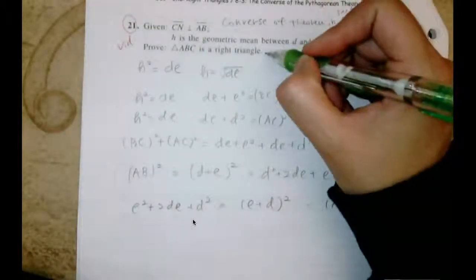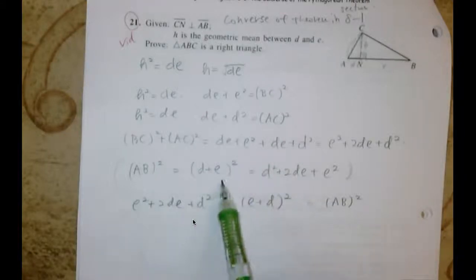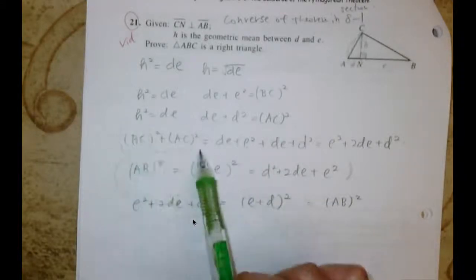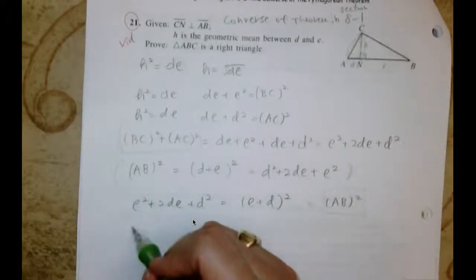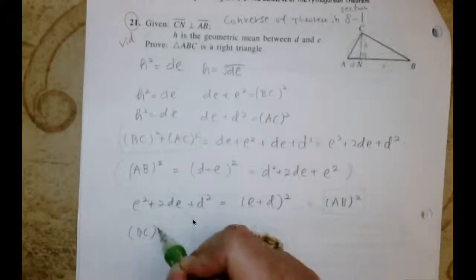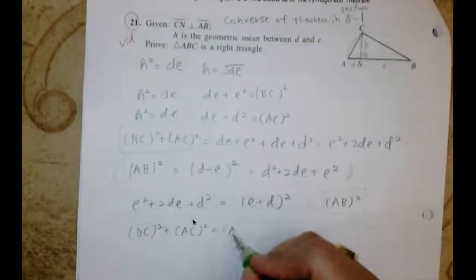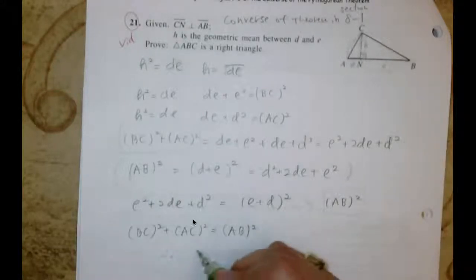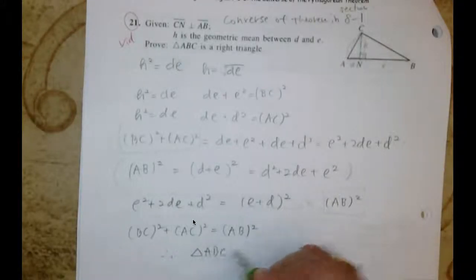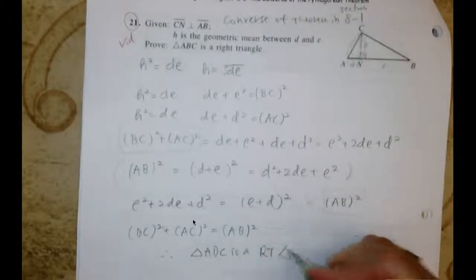Okay, so I probably should prove it, and I started with this and ended here. So BC square plus AC square equal AB square, and therefore triangle ABC is a right triangle, and done.